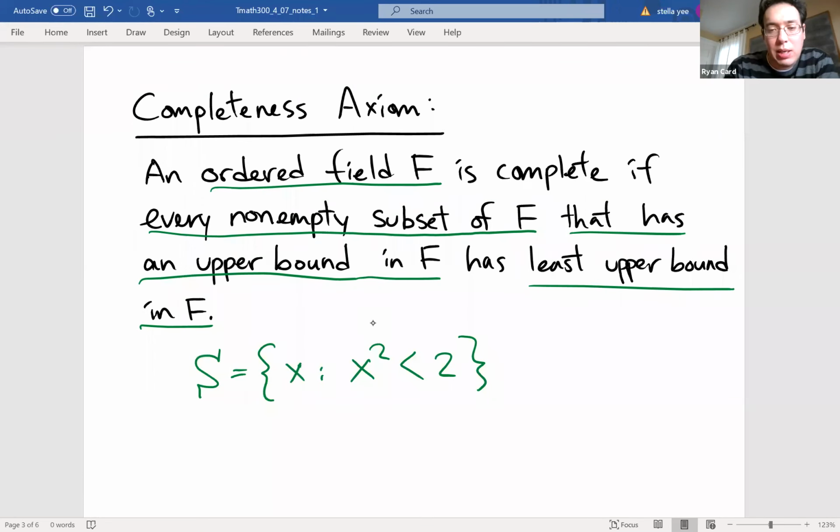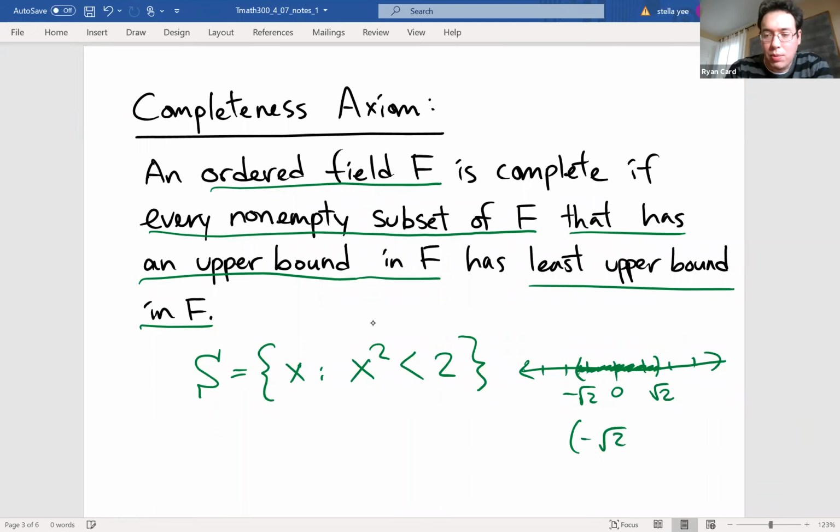It might take a little bit to imagine what it means, but if I draw it out, it's about negative square root of 2 to positive square root of 2, any number between those two numbers. So the interval from -√2 to √2.